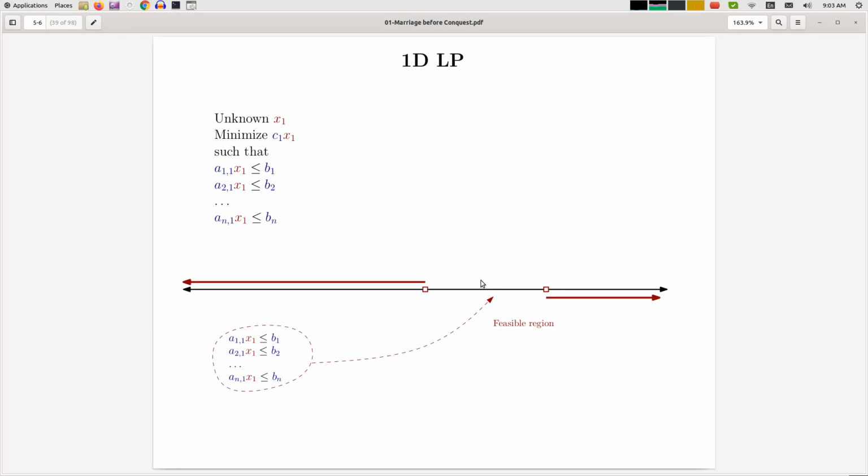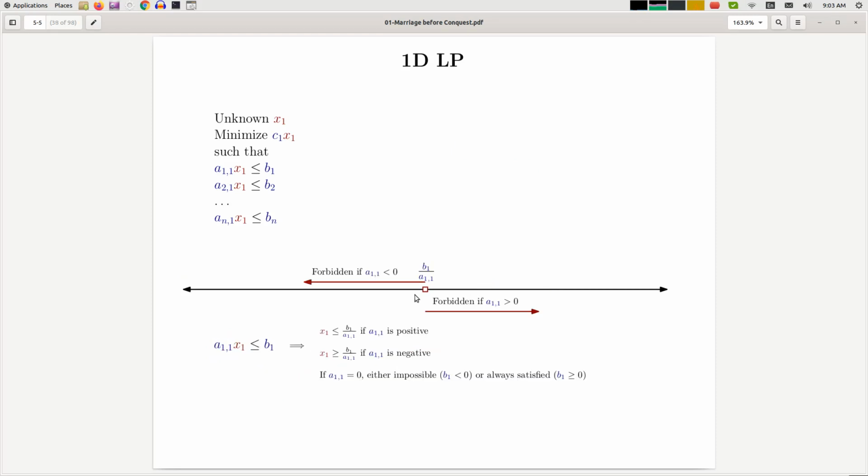If I go back here, when this coefficient a is positive, then we're obtaining an upper bound for x. So therefore we just find the maximum of all these values where a1 is positive and the minimum of all these values when a1 is negative.